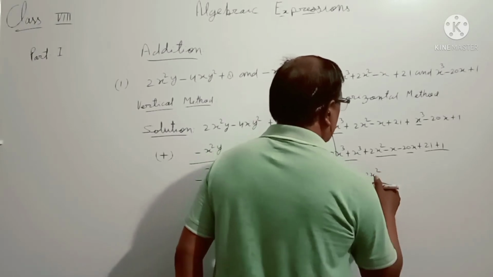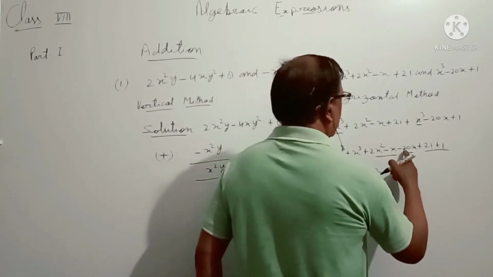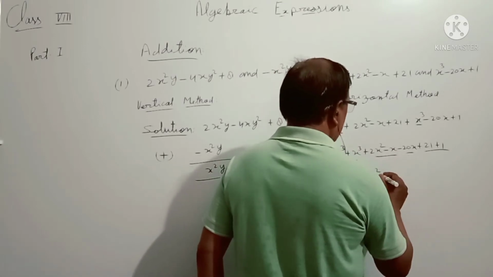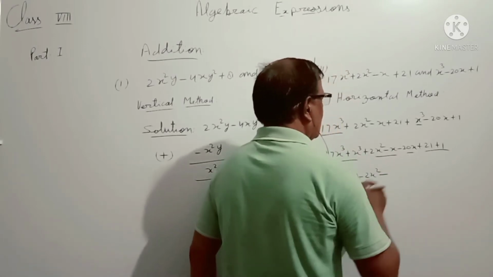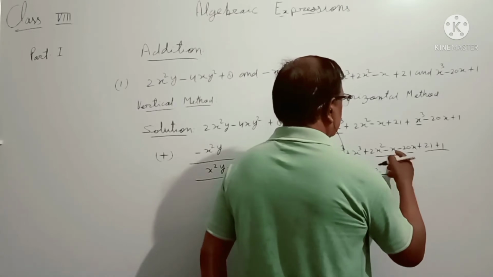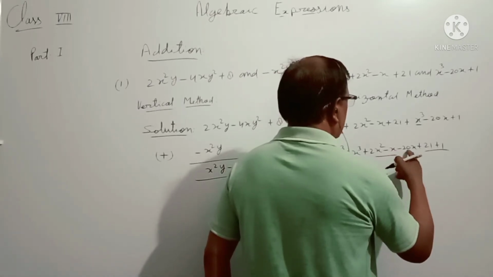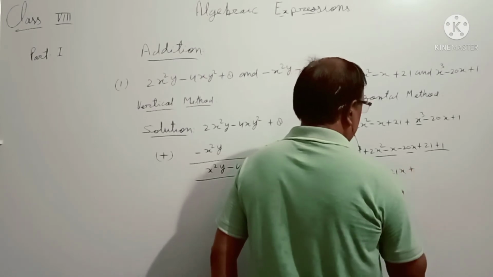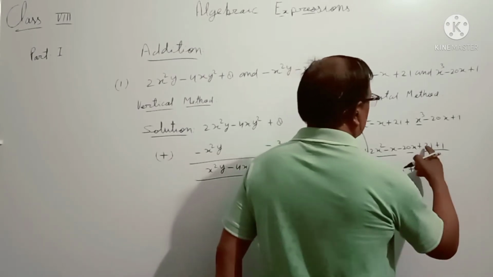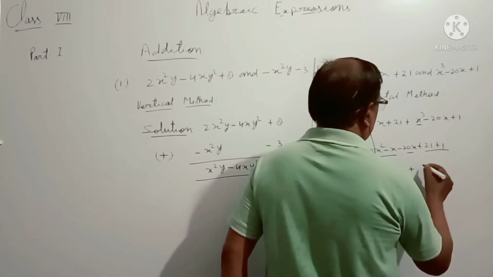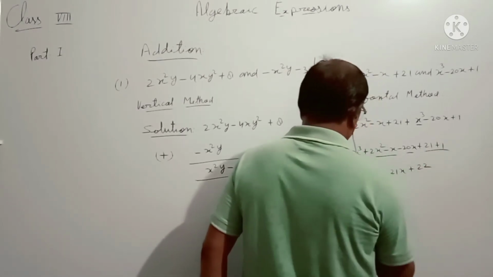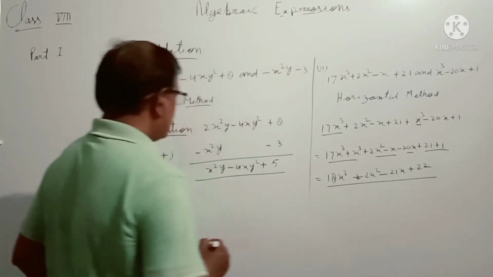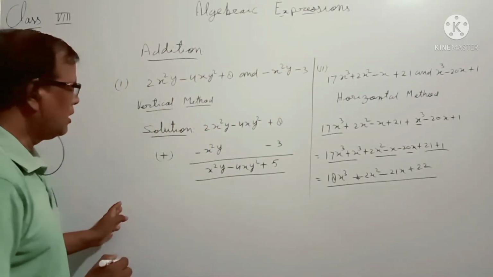Now minus x and minus 20x both have the same sign, so we put the sign here and add both, 1x and 20x, 21x. And the constants 21 and 1 will be 22. It is the horizontal method, and first one is the vertical method.